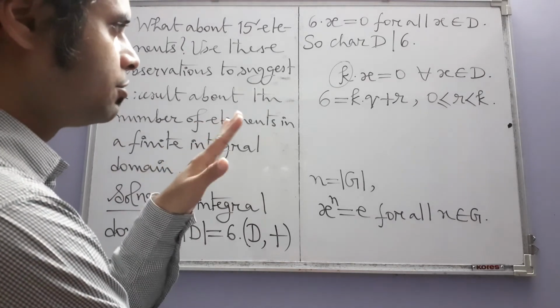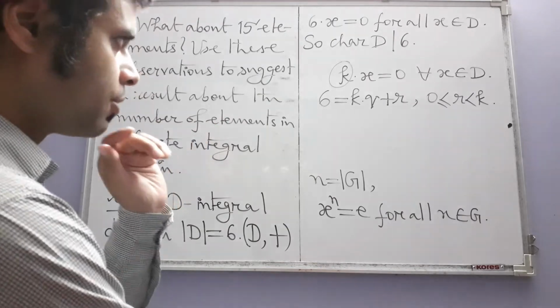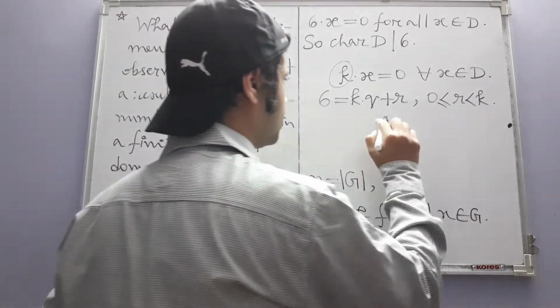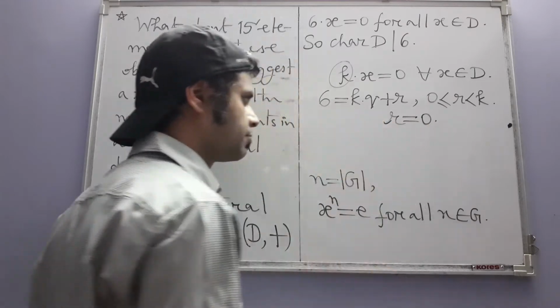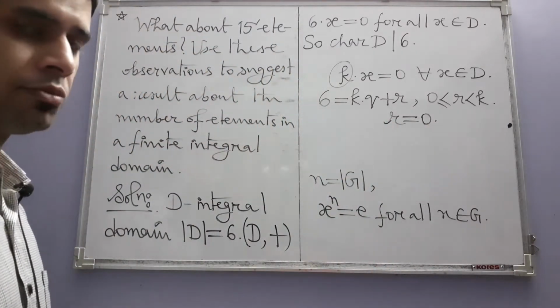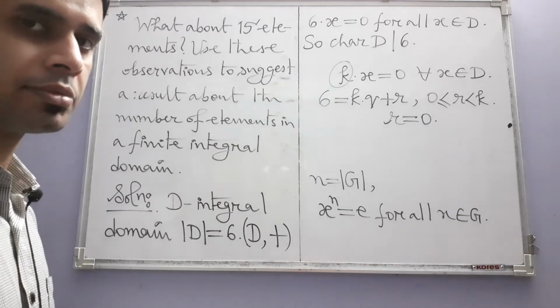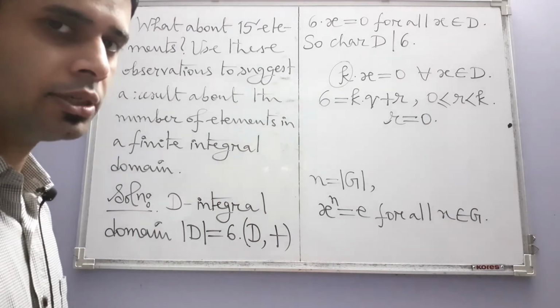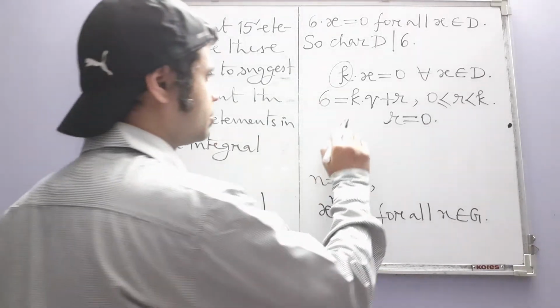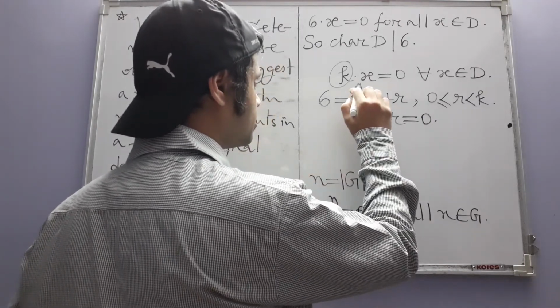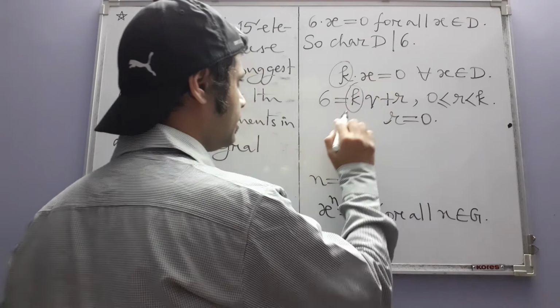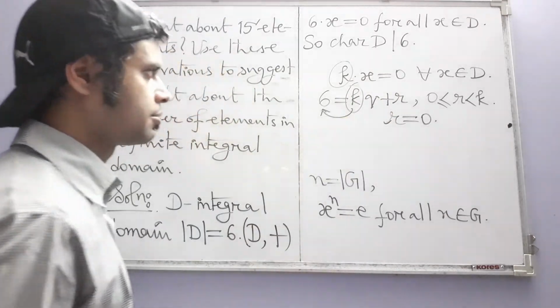Yeah, this is how you should proceed, and you will be able to show that R is equal to 0. I won't tell you exactly how, but this is something we have already seen in group theory also. So because R is 0, this K should divide 6.